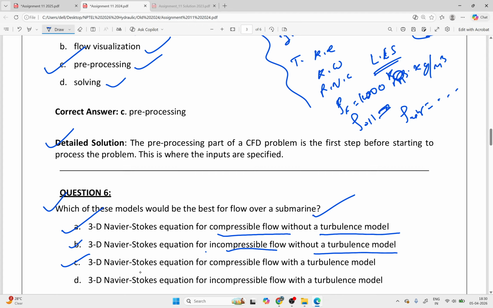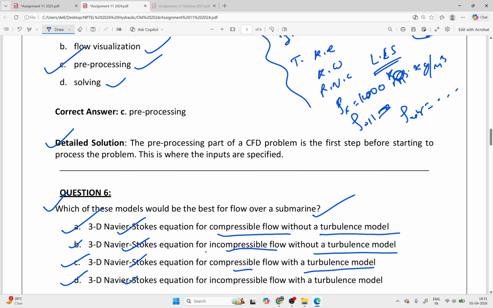Option C: 3D Navier-Stokes equation for compressible flow with turbulence model. Option D: 3D Navier-Stokes equation for incompressible flow with turbulence model. So here the question is about compressible, incompressible, and turbulence model. Anyway, the 3D Navier-Stokes equation is there in all options.